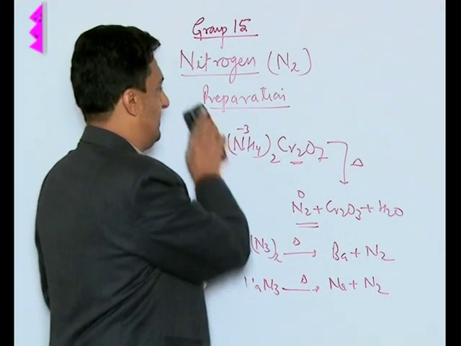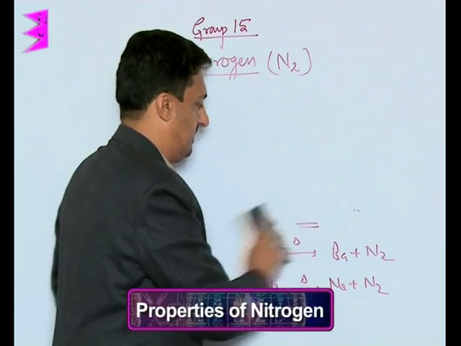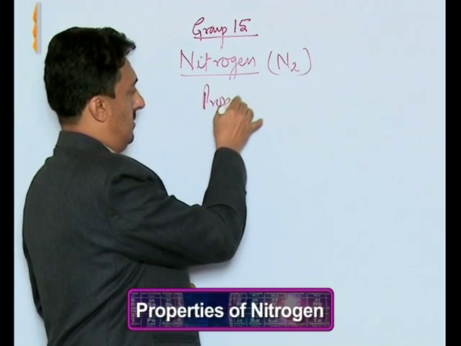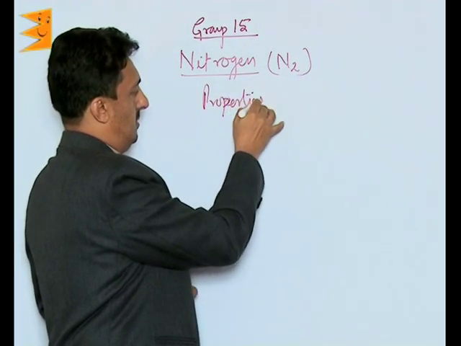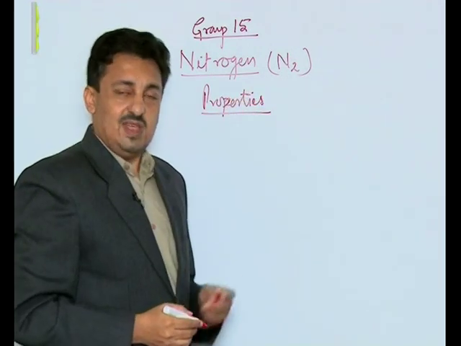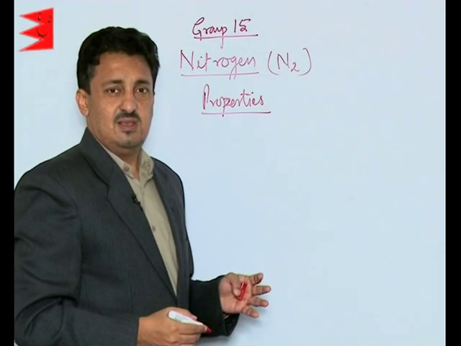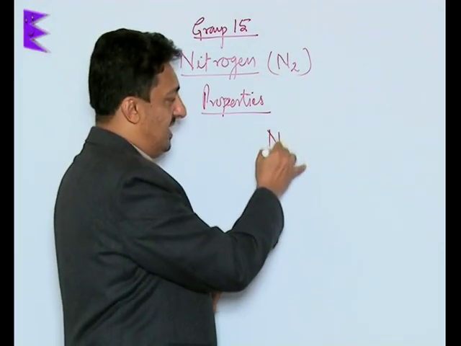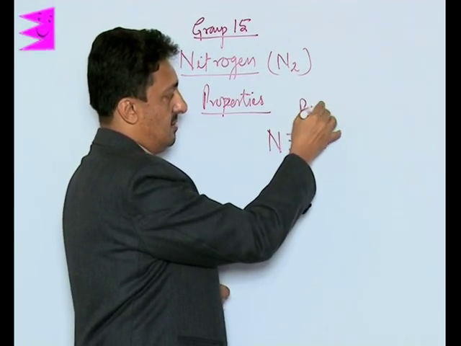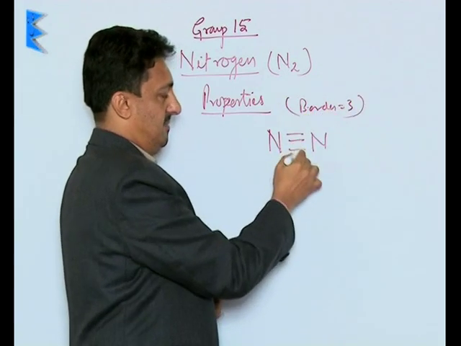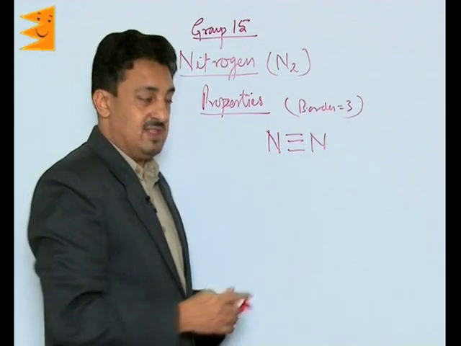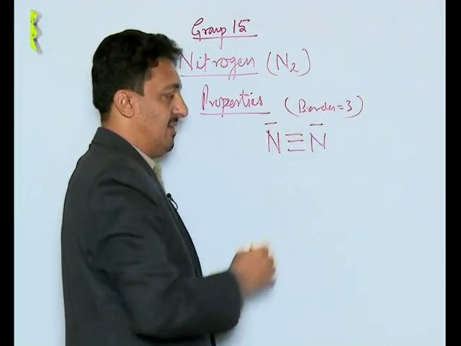Now let us discuss its properties. It's a colorless, tasteless, odorless gas which is very, very inert, as its bond order is 3 and the two nitrogen atoms have 3 bonds between them, with each of them having one lone pair.